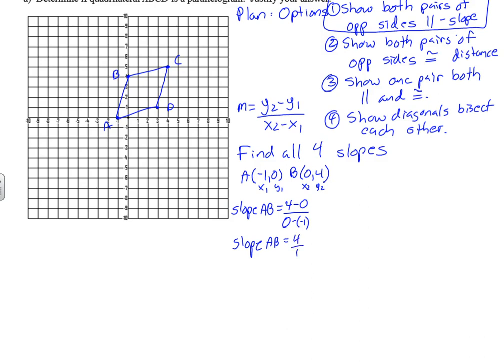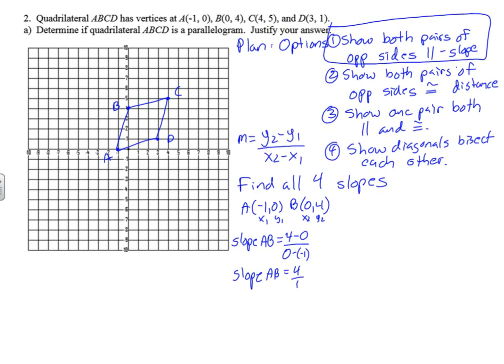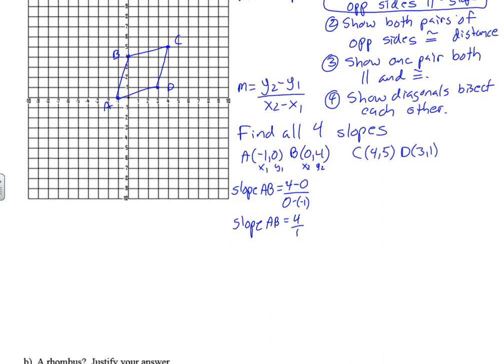Now, AB should be parallel to CD. So the next one I'm going to do is CD. So C is 4, 5, and D is 3, 1. So I'm going to label this again, x1, y1, x2, y2, and we're going to call this the slope of CD. So y2 minus y1 over x2 minus x1. So 1 minus 5 is negative 4 over negative 1.